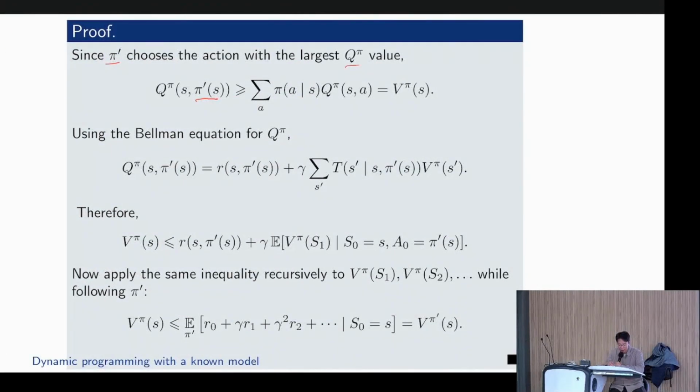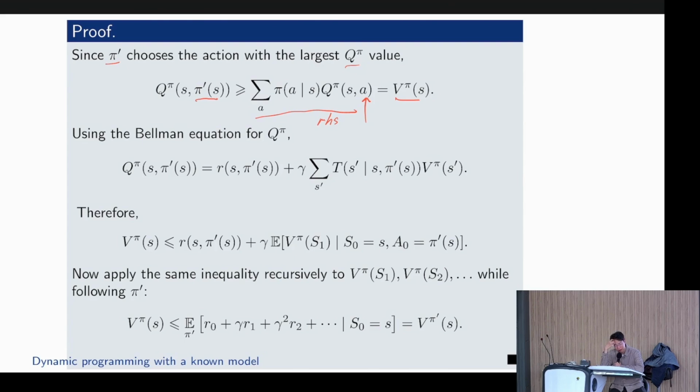So that's going to be greater than or equal to the expectation of Q over actions, simply because we insert everything and pick the one that's highest. And the right-hand side is equal to V pi. So Q pi of S and pi prime of S is greater than or equal to V pi of S.